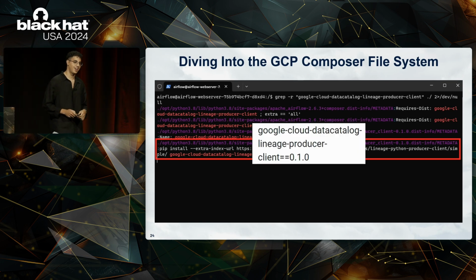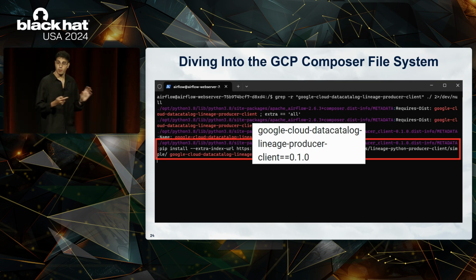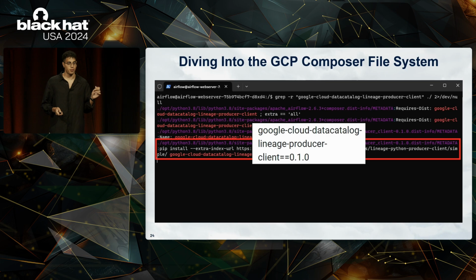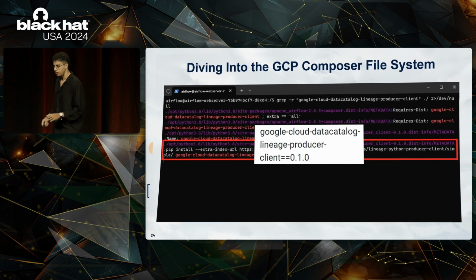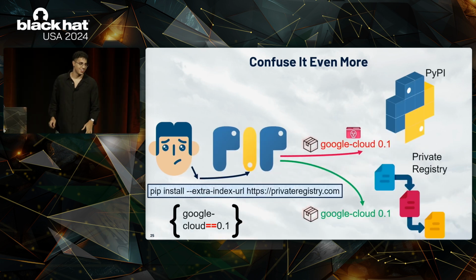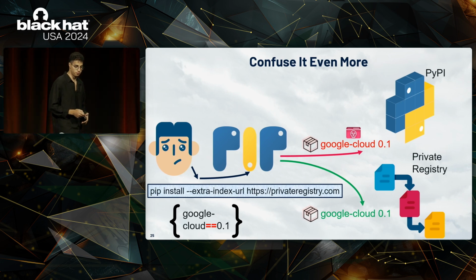But not so easy and not so fast. The research continues, and I went back into Google's documentation to then see this line that specifies that this package is actually version pinned. So let's confuse it even more. So in that case, as you can see, this is the same process, but now in Google Cloud's own service, in GCP Composer.